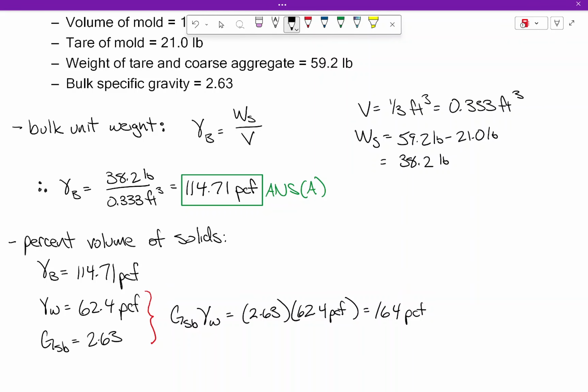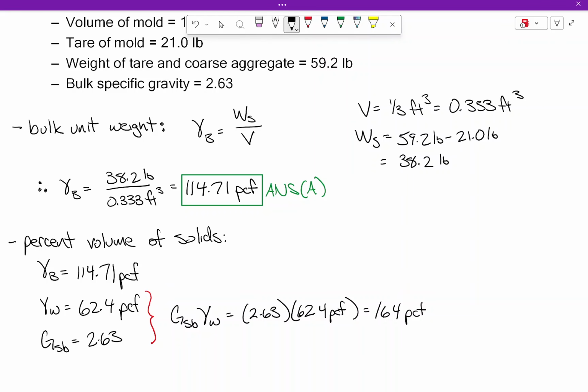Now, I want to think about what this value represents. Whenever we use a bulk specific gravity, or even an apparent specific gravity, this value represents a sample that was absolutely, completely filled with aggregate.